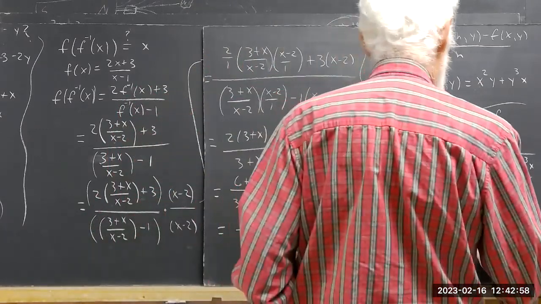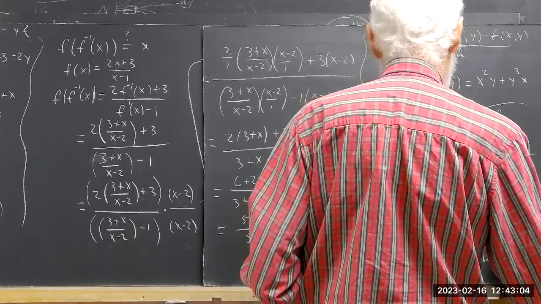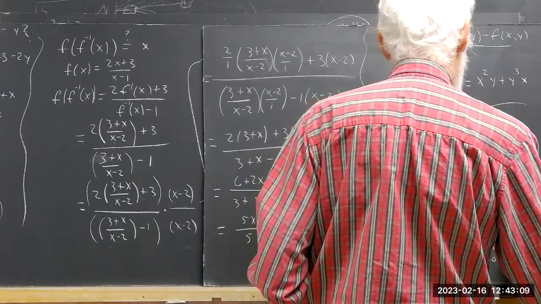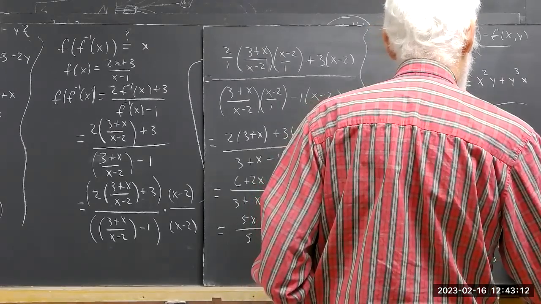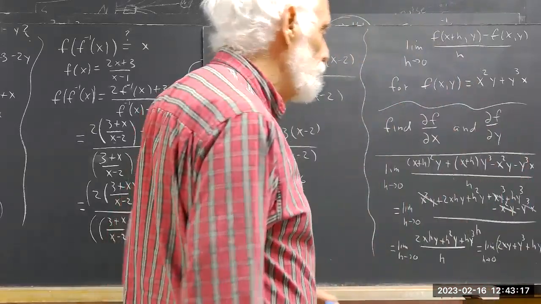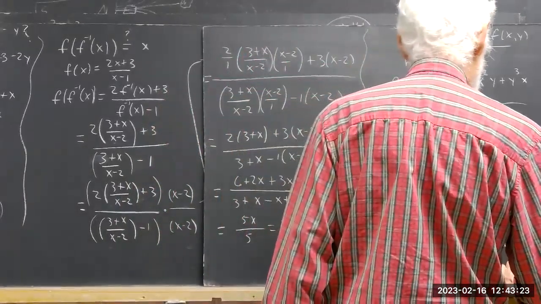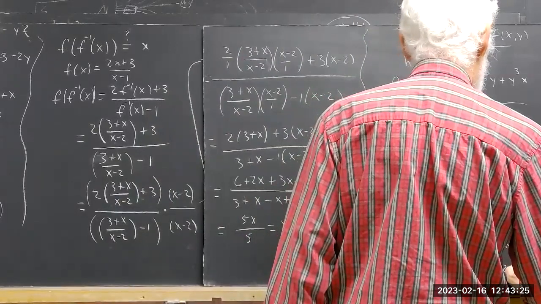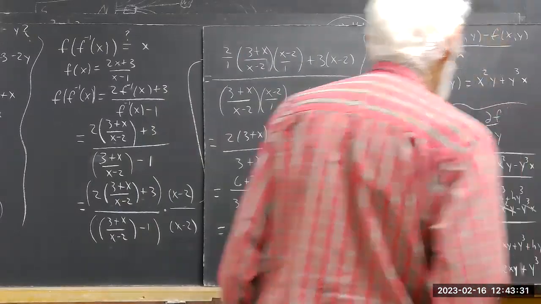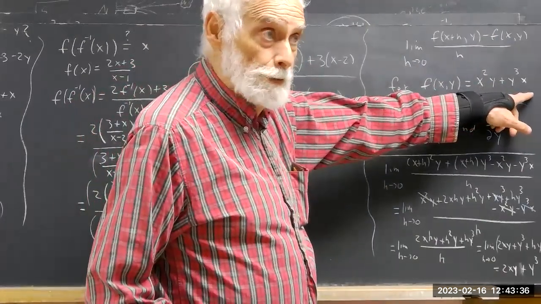You end up with the limit as h approaches 0 of 2xy plus y cubed plus hy. And if h goes to 0, the hy goes to 0. And you end up with 2xy plus y cubed.